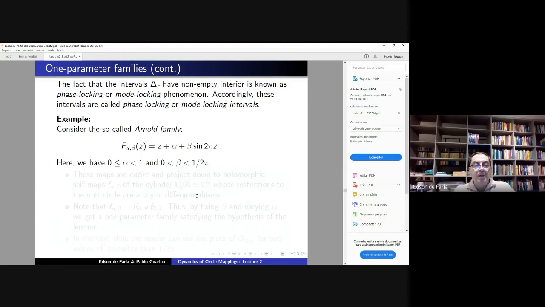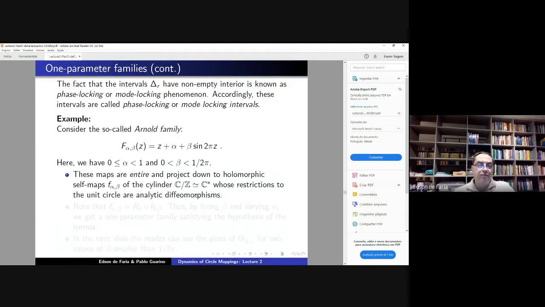These are entire maps, and they satisfy F sub alpha beta of z plus 1 equals F of z plus 1. So they can be quotiented down to maps of the cylinder, C mod Z, which is really the punctured complex plane, whose restrictions to the unit circle are analytic diffeomorphisms.